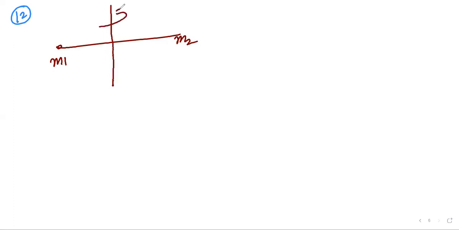Now see the next part, that is 12. Point masses M1 and M2 are placed at the opposite ends of a rigid rod of length L and negligible mass. The diagram is given. This is the rod, this is M1, this is M2. This is the axis of rotation, omega naught.